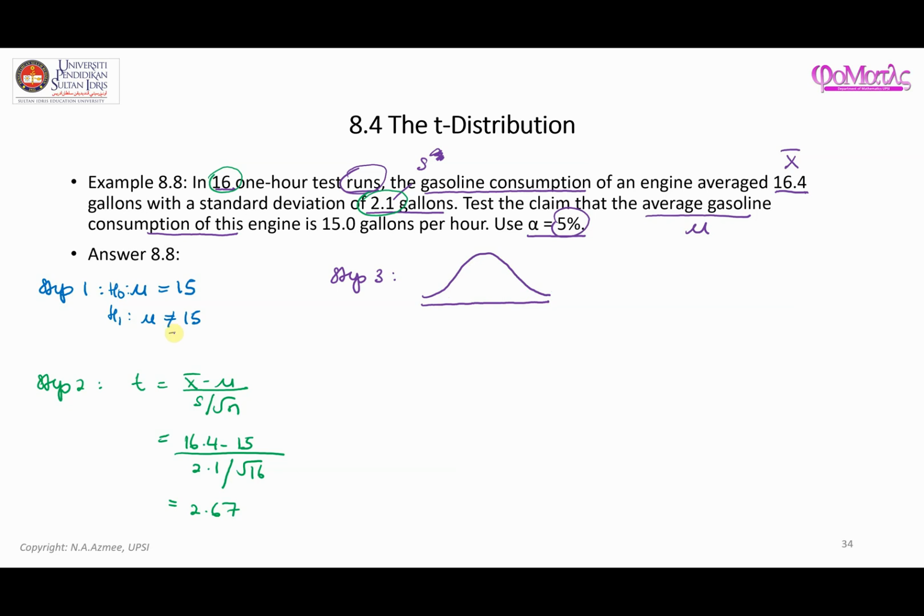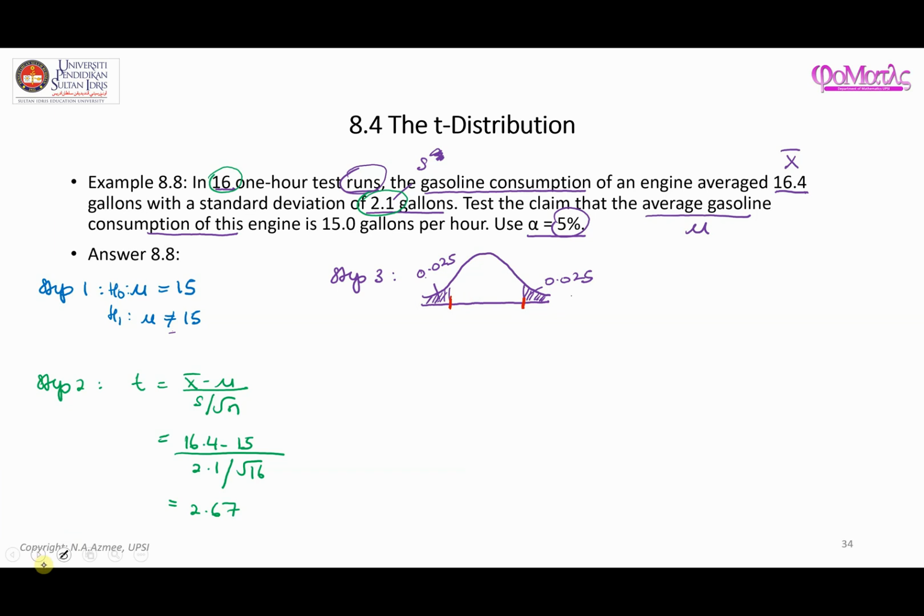Since this is a two-sided test, we have critical regions on two sides of the distribution, where this area is 0.025 and this area is also 0.025, totaling 5%. To decide whether to reject or not reject the null hypothesis, you need to find the critical value, which is at this point and at this point.